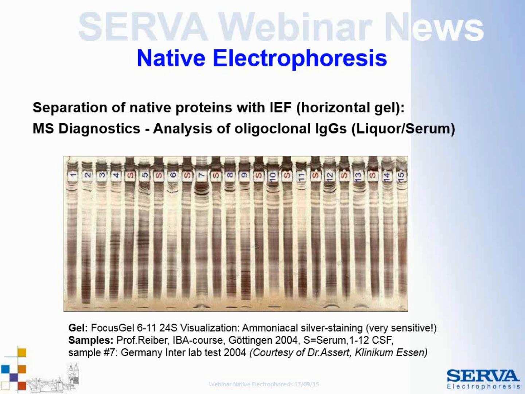And for blotting, it's very important to remove the plastic film at the back of the gel to ensure current flow. For this reason, we also recommend the press blotting protocol to transfer these proteins onto a blotting membrane for further analysis.